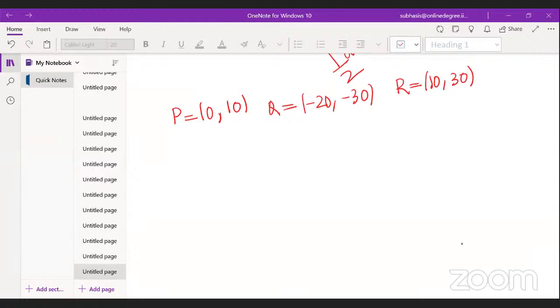Yes. So can I check it using area of triangle is 0? Yeah, either you can check it by computing the area of the triangle.